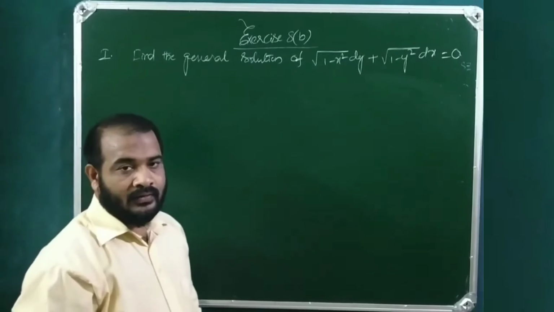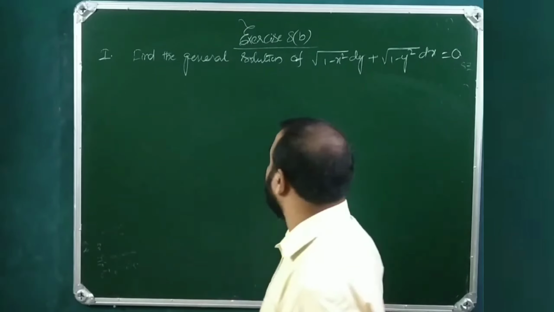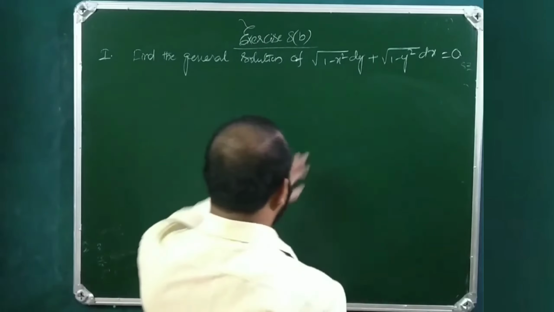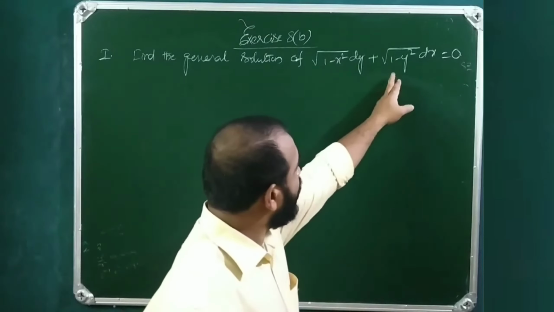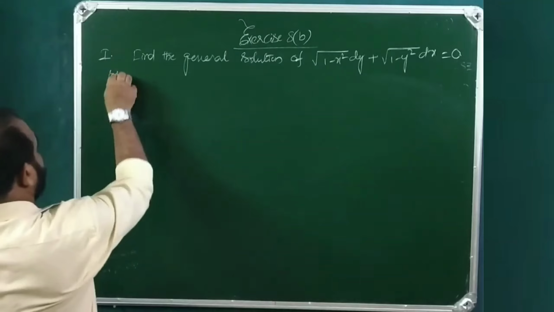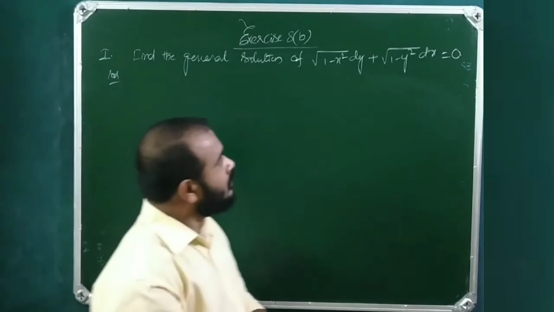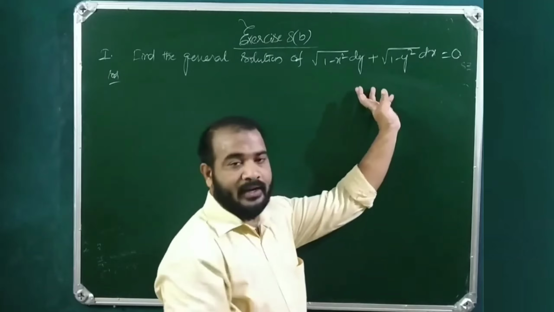So let us start the exercise 8b. Find the general solution of root of 1 minus x square dy plus root of 1 minus y square dx equals to 0. Solution. Let us transpose one item to the other side.